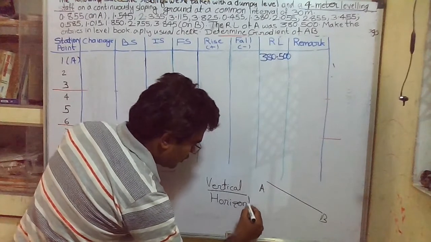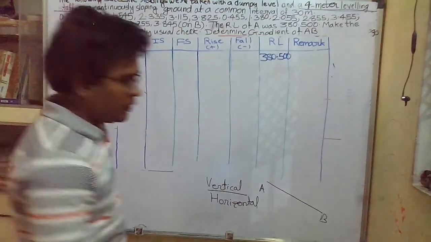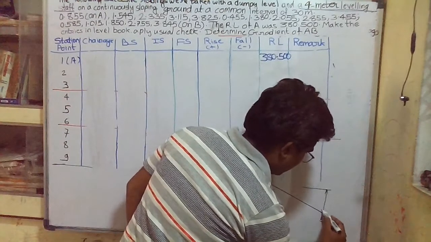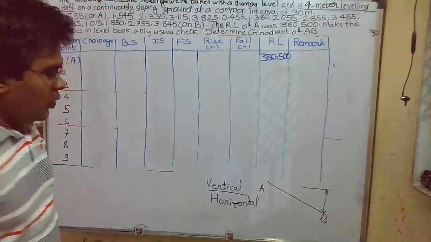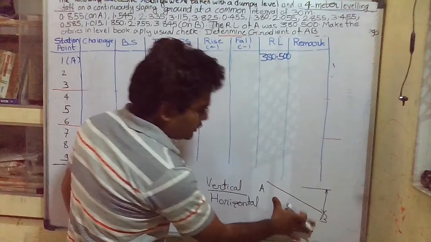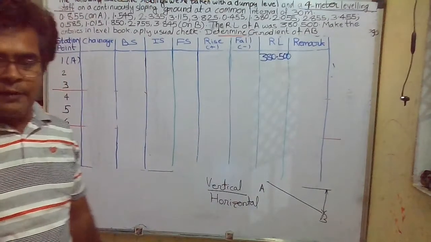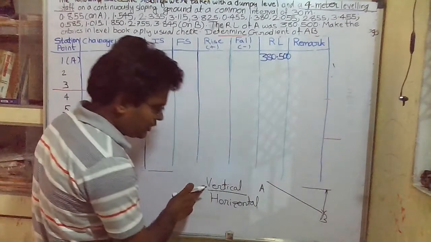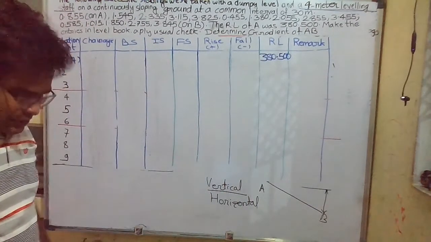So we have to find out first the vertical difference between these 2 points, A and B, and the horizontal distance between points A and B, and then we find the gradient, that is the ratio of vertical distance to the horizontal distance.